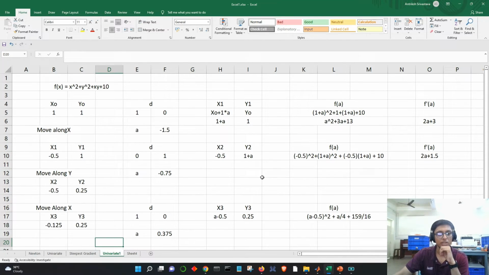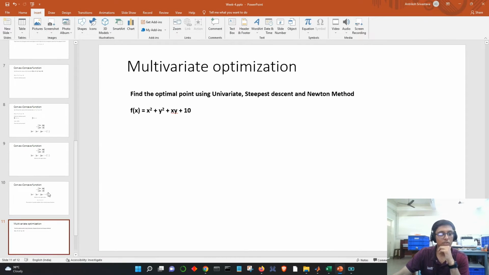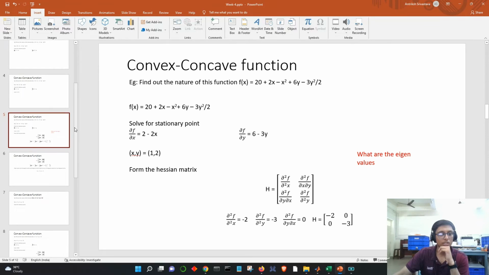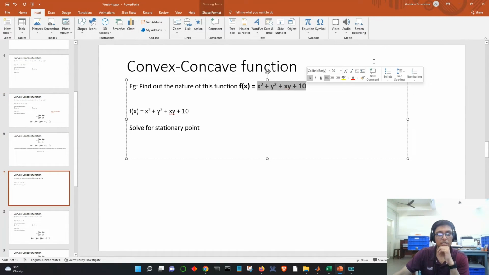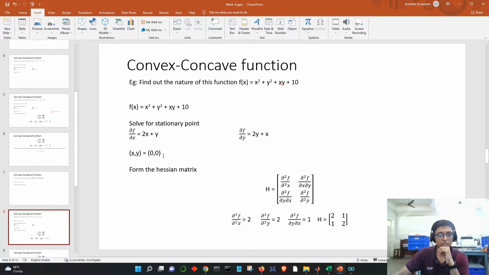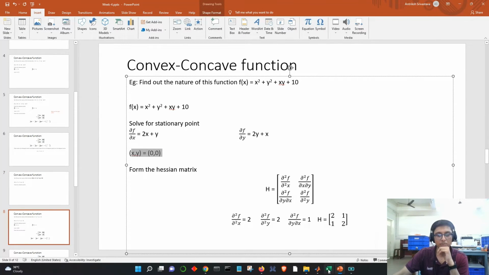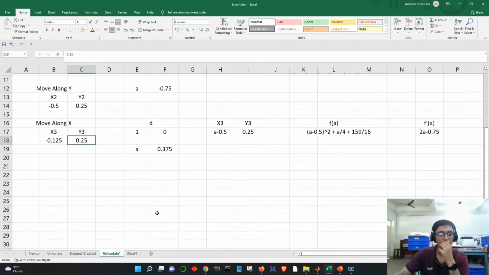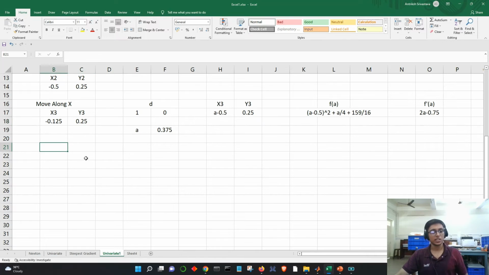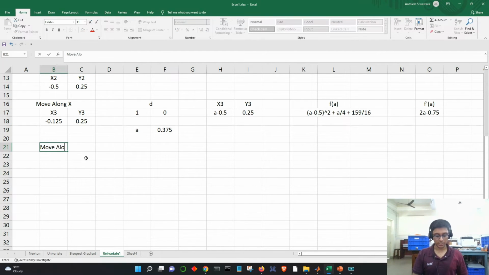Earlier, when we checked the optima for this function using calculus, we saw that it was (0, 0). So we can see this problem is slowly approaching near zero value. We'll do probably two more, and then I will plot it so we can see much more clearly how this works.